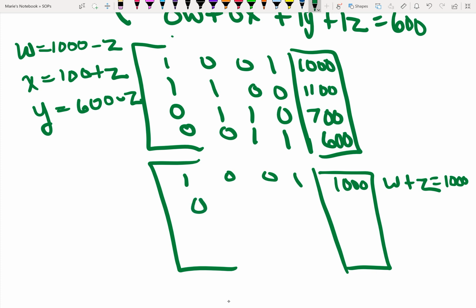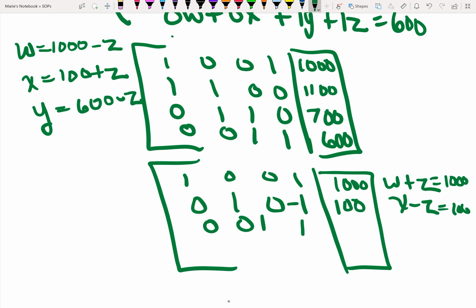So this would be 0, 1, 0, negative 1, 100, where in this case, I'm doing x minus z equals 100. Okay, and in the third row, I could end up with 0, 0, 1, 1. The 600, that does not change. And the last will end up at 0, 0, 0, 0, 0. So we eliminated it completely.